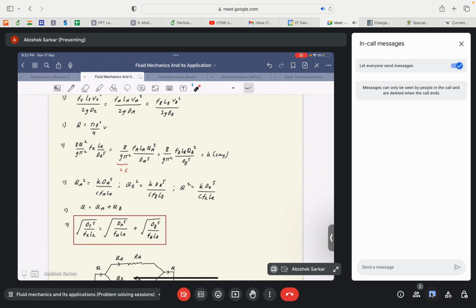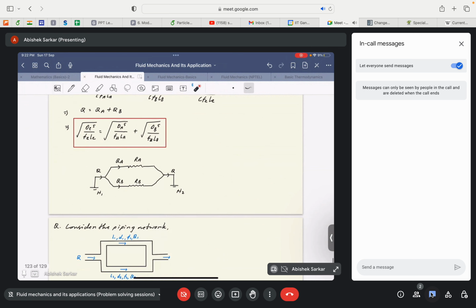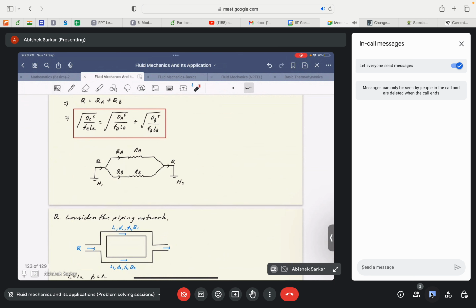Similar to the previous example, where we took a pipe in series connection, we can compare this parallel connection of pipes to a parallel connection of resistances in an electrical circuit. Since the potential difference in an electrical circuit remains the same, similarly the head loss between the two points of this piping junction remains the same.